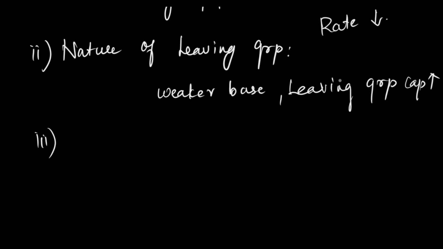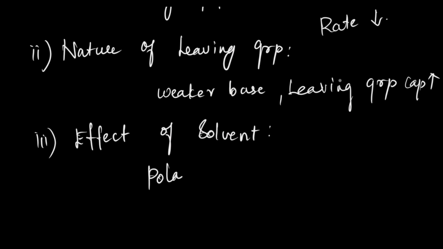And the third thing is the effect of solvent. Here, polar aprotic solvent is favorable. The difference between protic and aprotic is that in the case of protic solvent, hydrogen will be present, for example water, alcohol, like that.